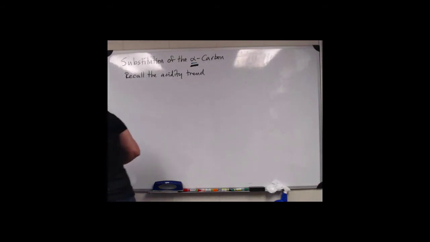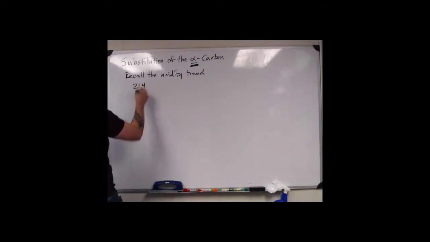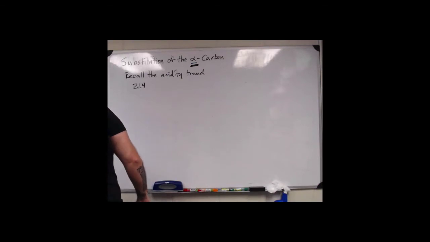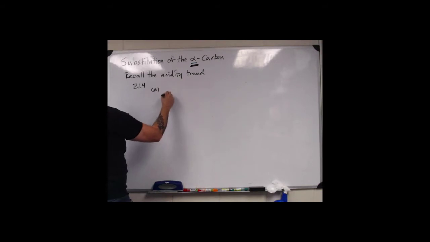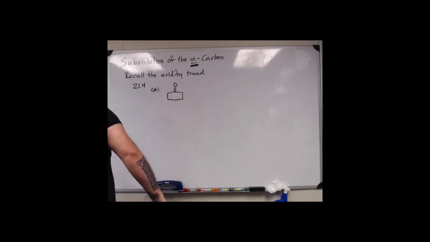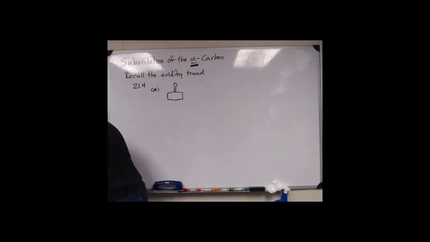We're going to look at problem 21.4, part A. And the question states, draw both resonance structures of the enolate form when each of the following ketones is treated with a strong base.